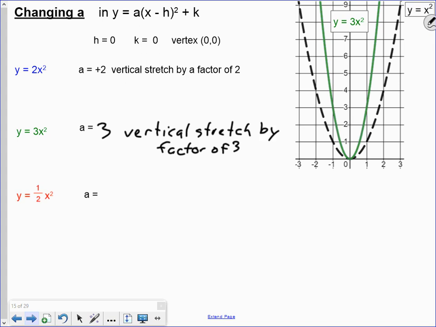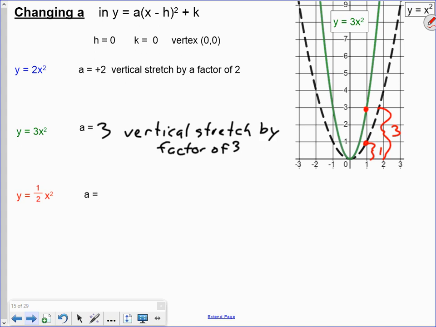Because we've taken this point, let's do this in red here, that is at 1, 1, so it's a distance of 1 above the x-axis. It's like this is 1, and we've moved it up to here, where this distance is now 3. So it's 3 times as far away from the x-axis.